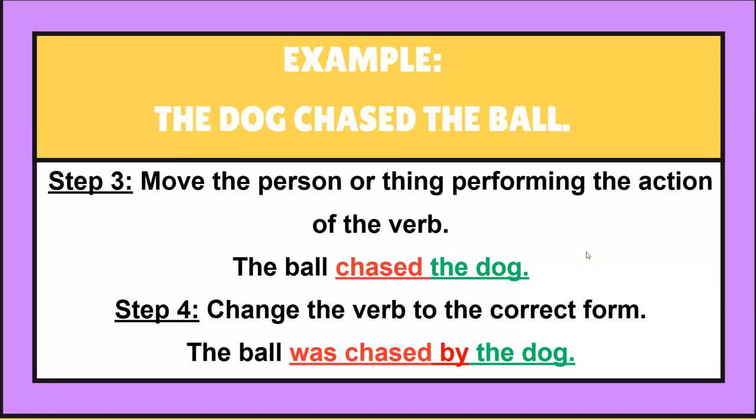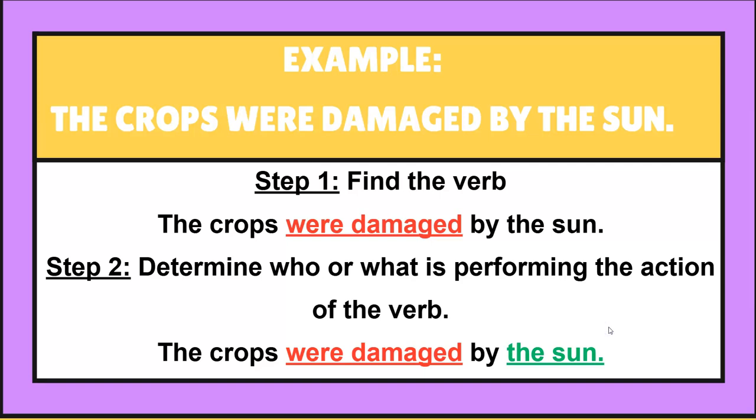Now, obviously, that doesn't make a lot of sense, and so that takes us to step number 4, which is to change the verb to the correct form. So instead of putting "the ball chased the dog," we would say "the ball was chased by the dog." So now we've taken this sentence from active voice, "the dog chased the ball," to passive voice, "the ball was chased by the dog." Here's another example.